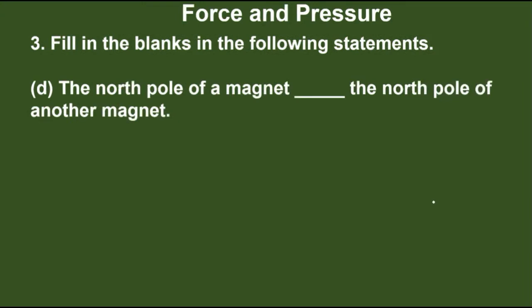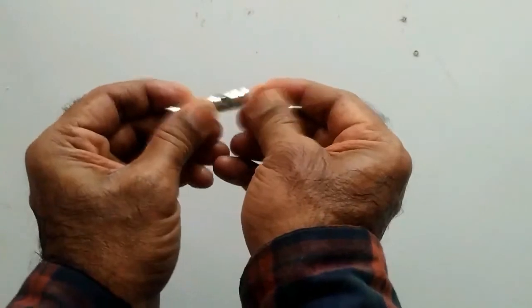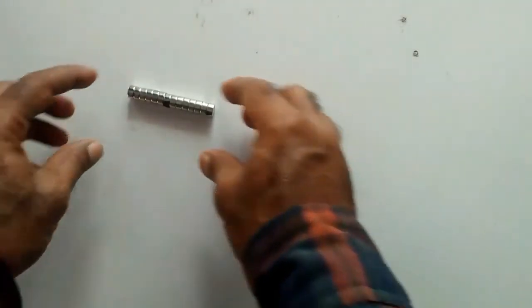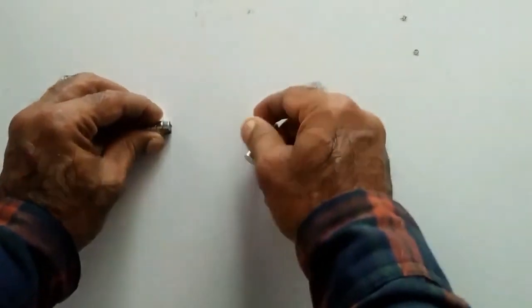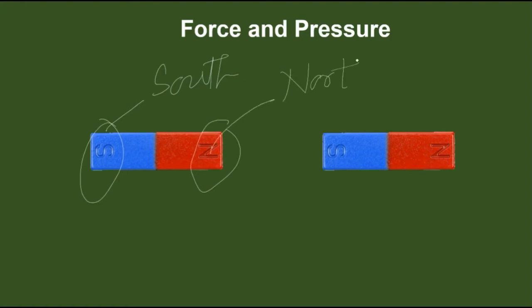Next, the north pole of a magnet is brought near the north pole of another magnet. What happens? You must have done this experiment. You have seen many types of magnets, and every magnet has one common property. They exist with two poles, one called the south pole and the other the north pole.